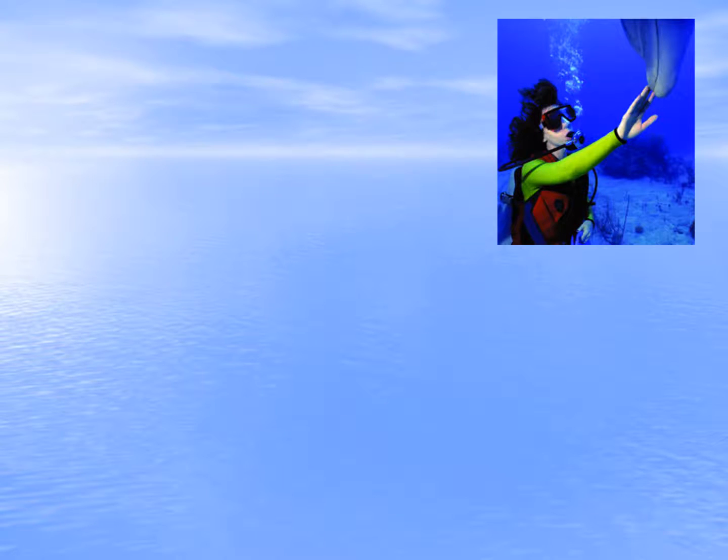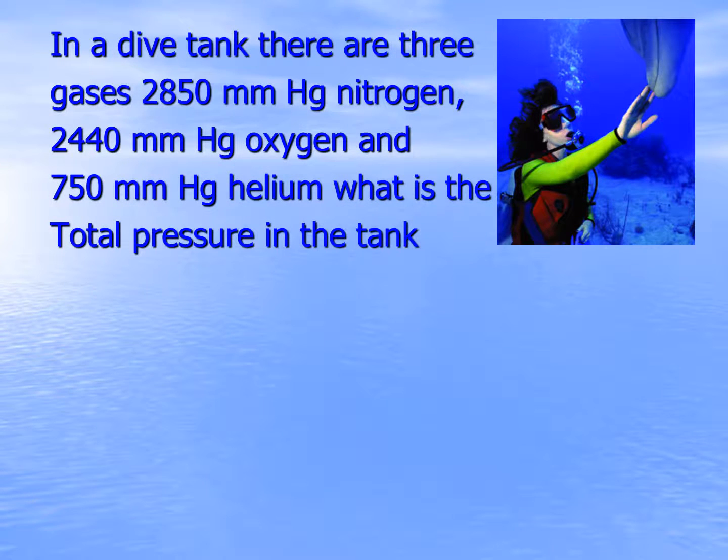We could apply it to the pressure of a gas in, say, a scuba diver's dive tank. Let's say that the dive tank has 3 gases in it. The first one is nitrogen, and there's 2,850 millimeters of mercury exerted by the nitrogen, 2,440 millimeters of mercury exerted by the oxygen in the tank, and 750 millimeters of mercury exerted by the helium in the tank.